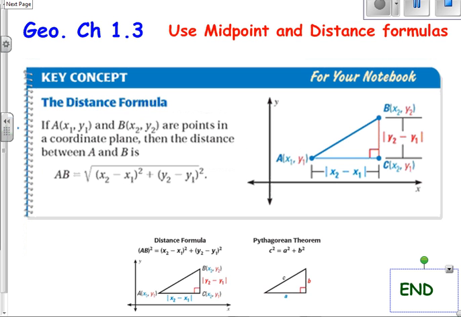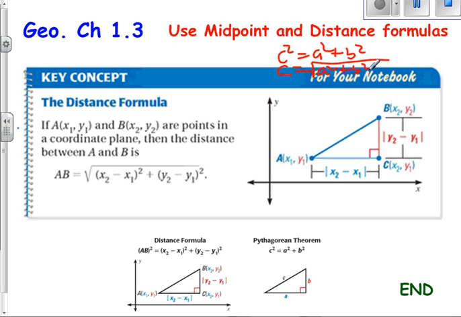All right, so now let's look at the distance formula. The distance formula uses the Pythagorean theorem, if you remember. The Pythagorean theorem is c squared equals a squared plus b squared. Then you take the square root of both sides, and you have c equals the square root of a squared plus b squared.